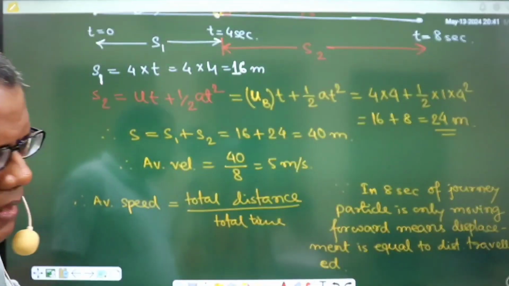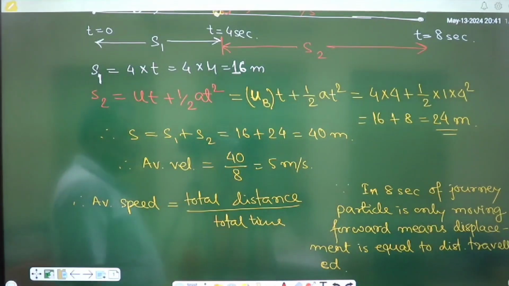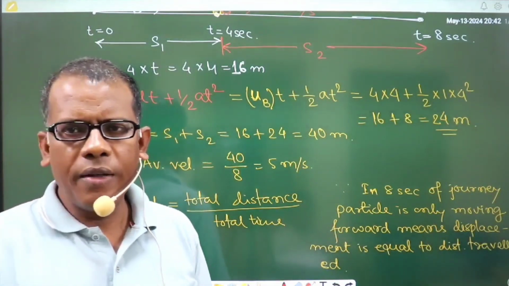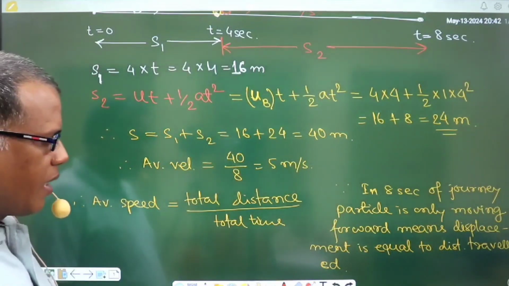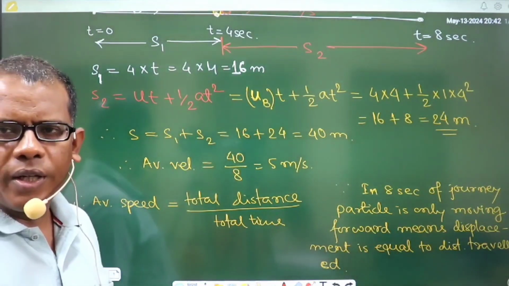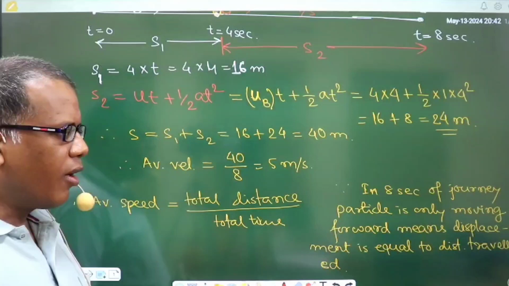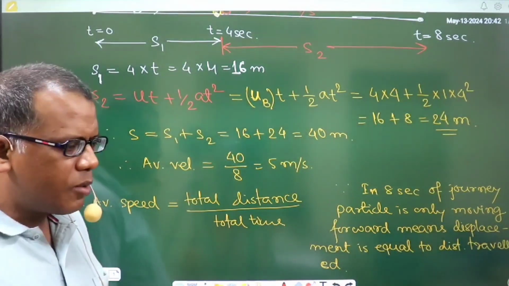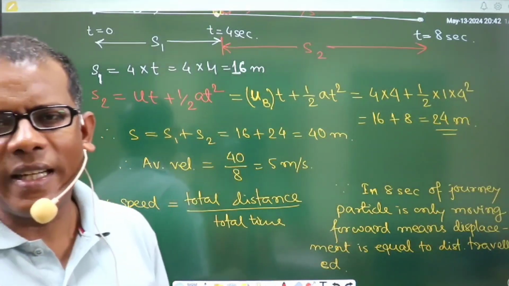In 8 seconds of journey, according to the calculation, we have seen that the particle is continuously moving forward. It is not coming back for any small part of these 8 seconds of journey.